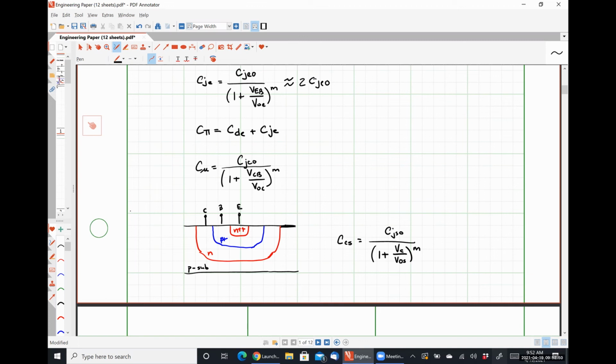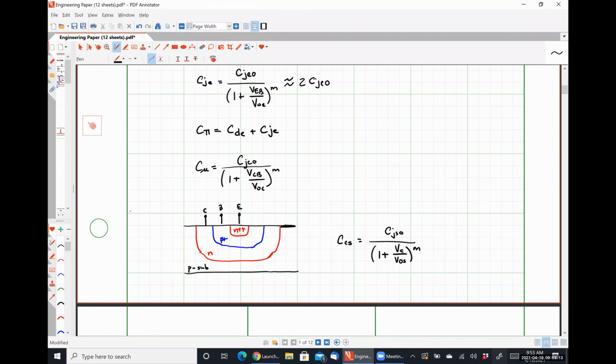If it were a PNP transistor, our substrate would be tied to VDD, and so we'd need to change that voltage accordingly. But because I've drawn this for an NPN, I'm assuming that this is between the collector terminal voltage and ground, which is where we typically have our substrate tied to.